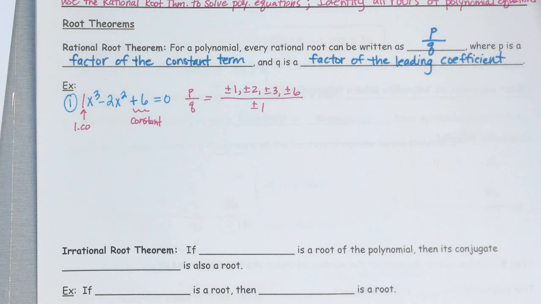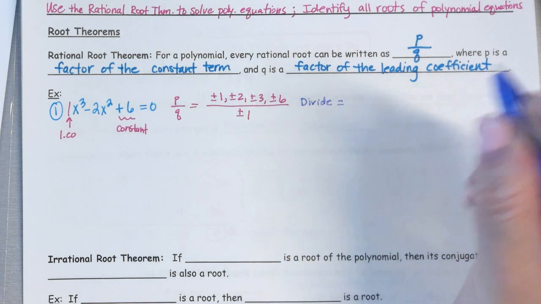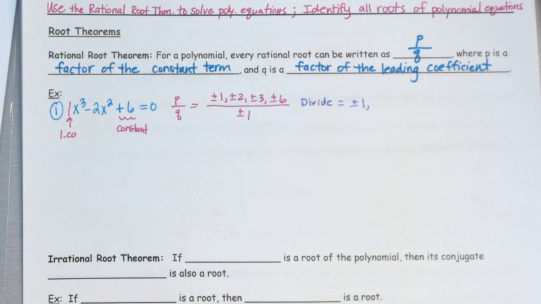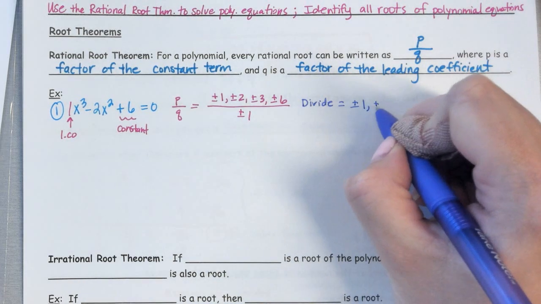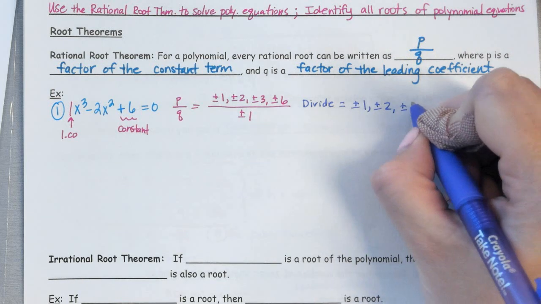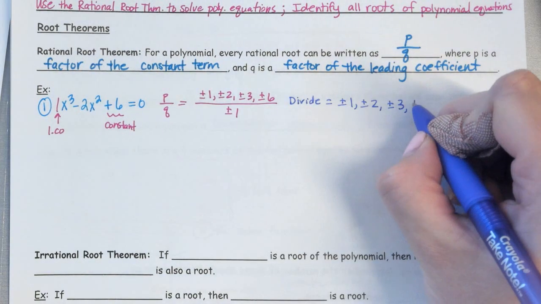Then you divide them. So in this case, you would divide 1 by 1. It would be plus or minus 1. 2 divided by 1 is going to be plus or minus 2. Plus or minus 3 divided by 1 is plus or minus 3. And then the 6.